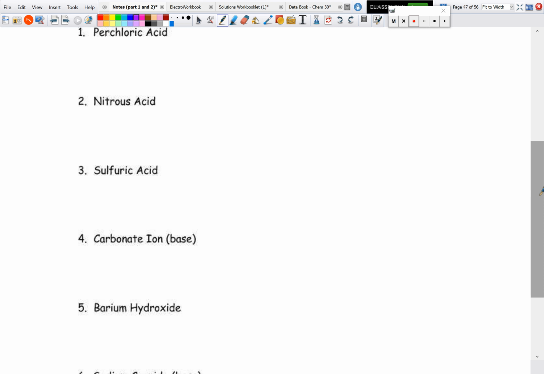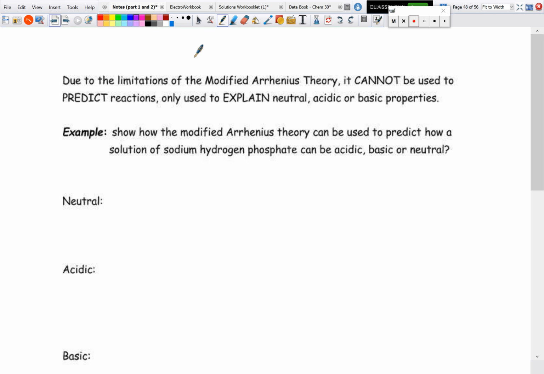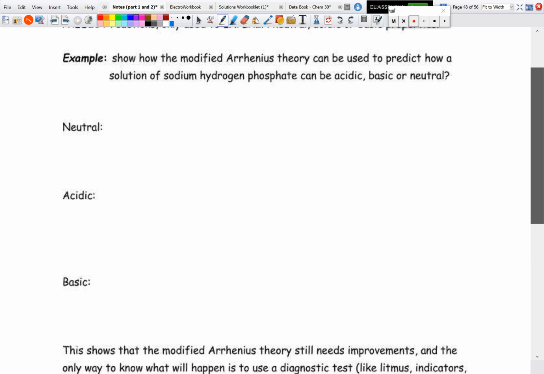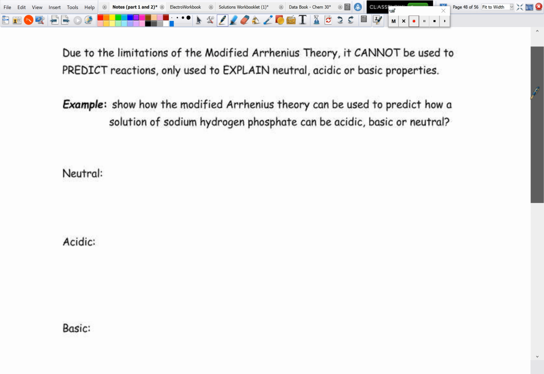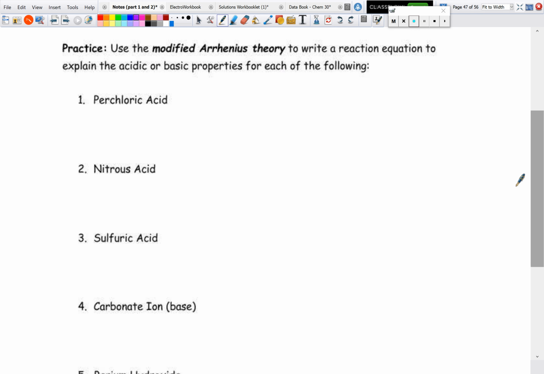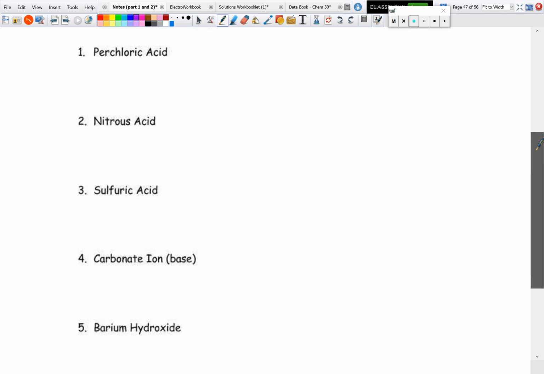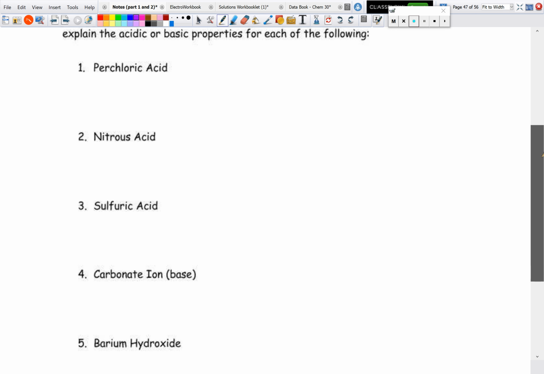Now, basically, our last thing right here, I think this is the last one. We're just going to show the modified Arrhenius theory. So we're going to show the modified Arrhenius theory to show the reactions with all these here and showing how they can act as either acids or bases.